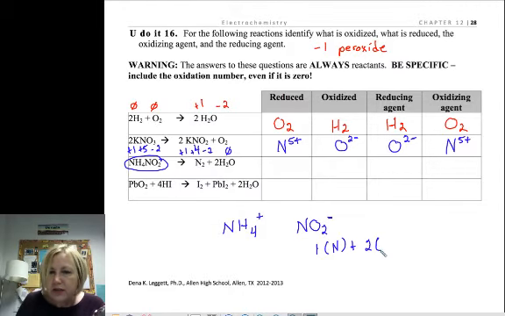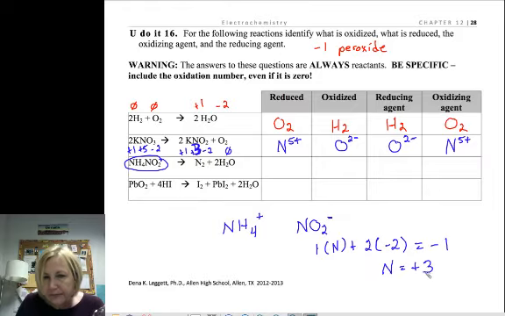So 2 oxygens are -2, and I have a leftover of a -1 charge. Okay, so that, you know what, I messed this up. That's a +3. I just caught that. That's a +3 back there. So that makes this nitrogen equal to a +3.